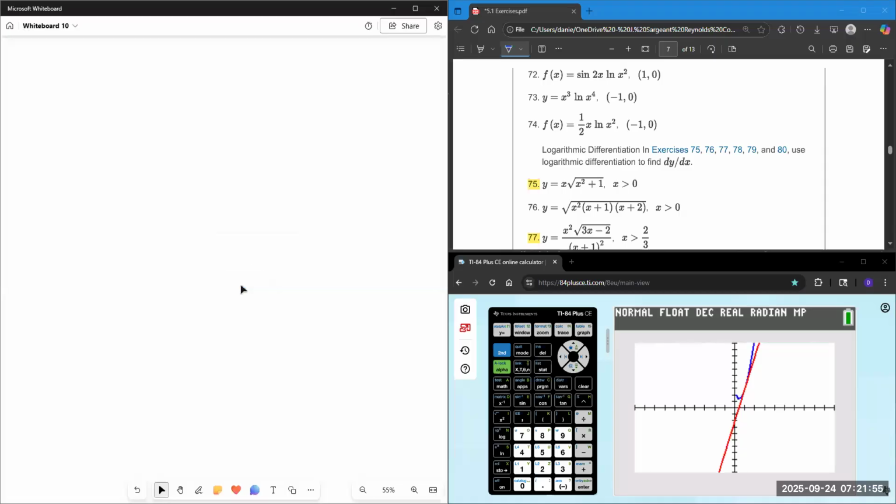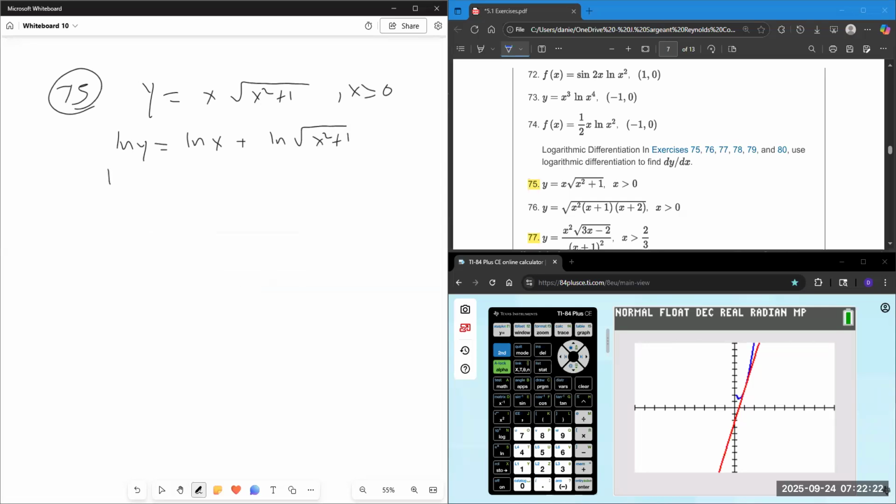Let's go and apply that to some other rules, and we'll avoid using the product and quotient rule now by doing this logarithmic differentiation. So y is equal to x root x squared plus 1, x greater than 0, so ln of y is equal to ln of x plus ln of root x squared plus 1.